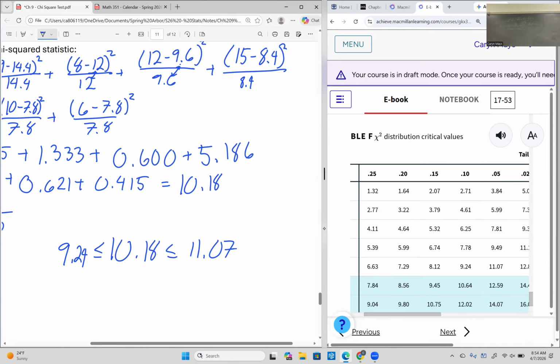Going to the top, 11.07 goes with a tail area of 0.05.